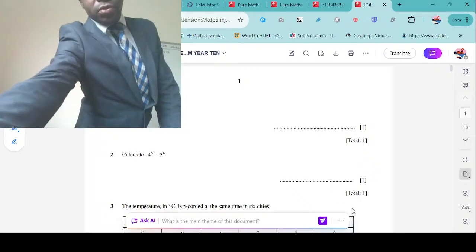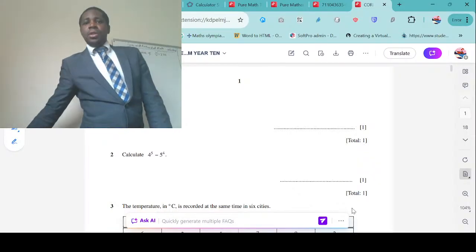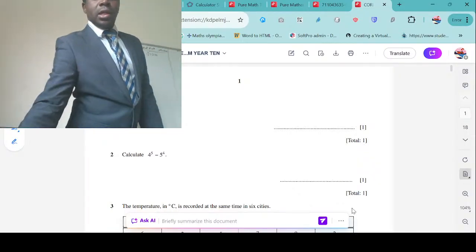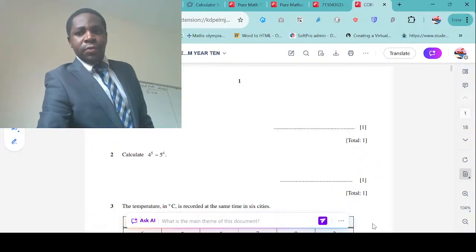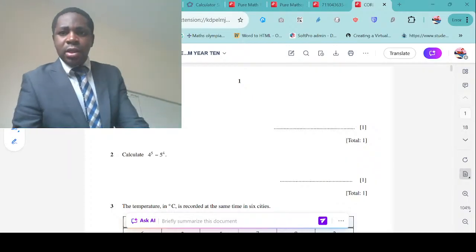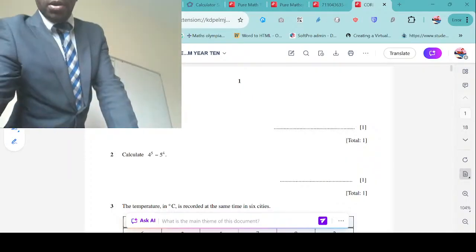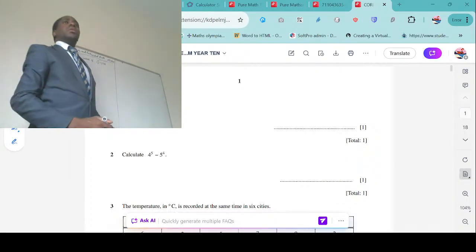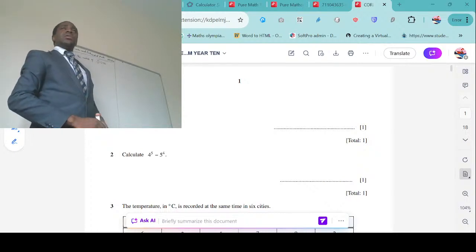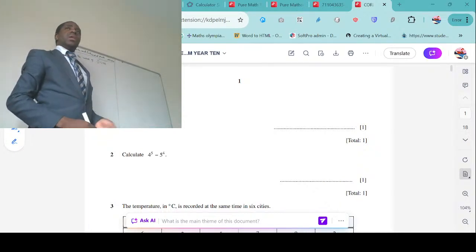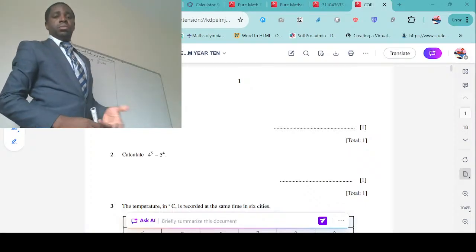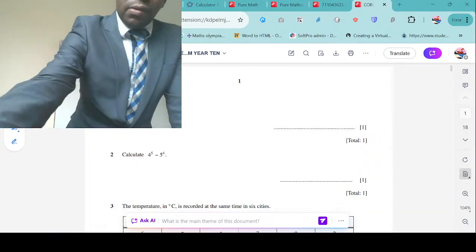Usually you're expected to use your calculator, estimate that, and when you're done, you now leave your answer. You are not specifically told to leave your answer to any decimal place or significant figure, but I think it's always important that if you are not asked to leave it to any number of decimal places, just leave it to, let's say, 3 decimal places or 2 decimal places, or maybe two significant figures.